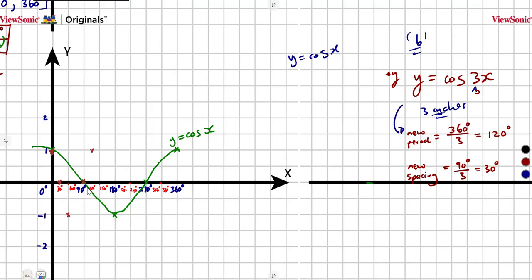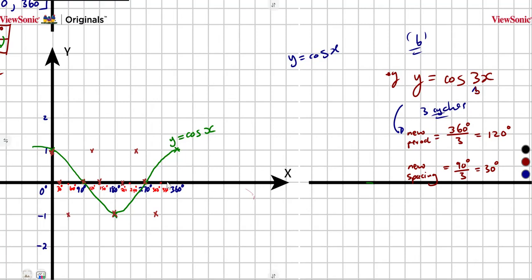From 1 at 120, it goes back: 150 versus 0, 180 versus -1, 210 versus 0, 240 versus 1, 270 versus 0, 300 versus -1, 330 versus 0, up to 360 versus 1.